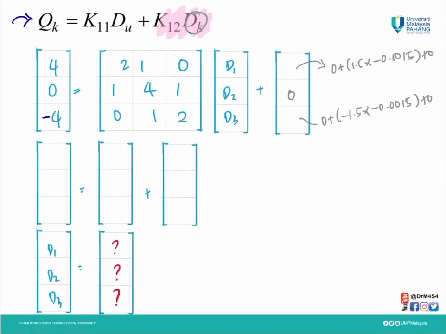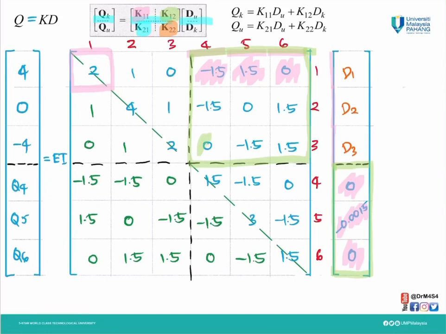That's why you can see what I wrote here. Similarly, you expand what the value is in here. So I wrote it down here. So this one is from 0 times 0, then plus negative 1.5 times negative 0.0015, then plus 1.5 times 0.